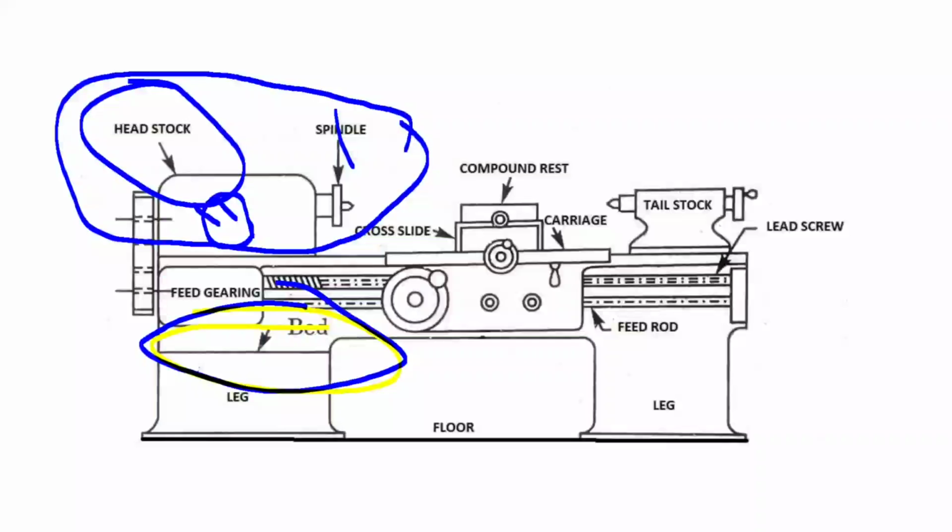In the lathe, it is necessary to vary the speed of the workpiece to suit the different machining conditions, which are as follows. Now there are different machining conditions on the headstock as well. Totally there are 7 different things. First is the type of material to be cut.